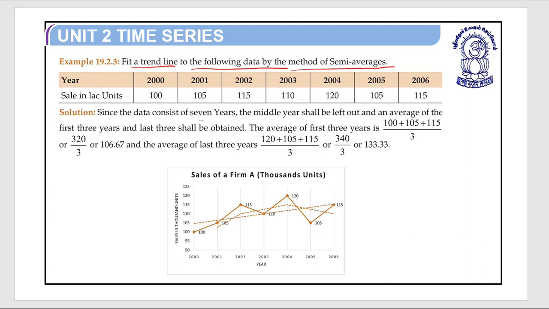Here, since the data consists of 7 years, the middle year shall be left out and an average of the first 3 years and last 3 years shall be obtained.